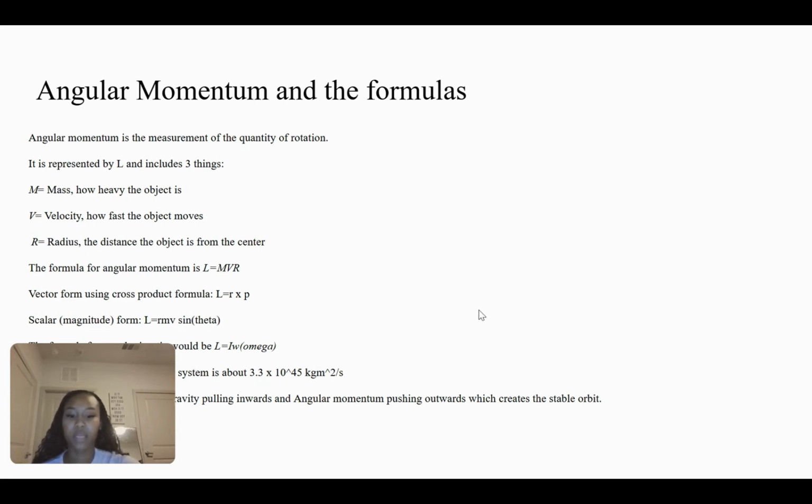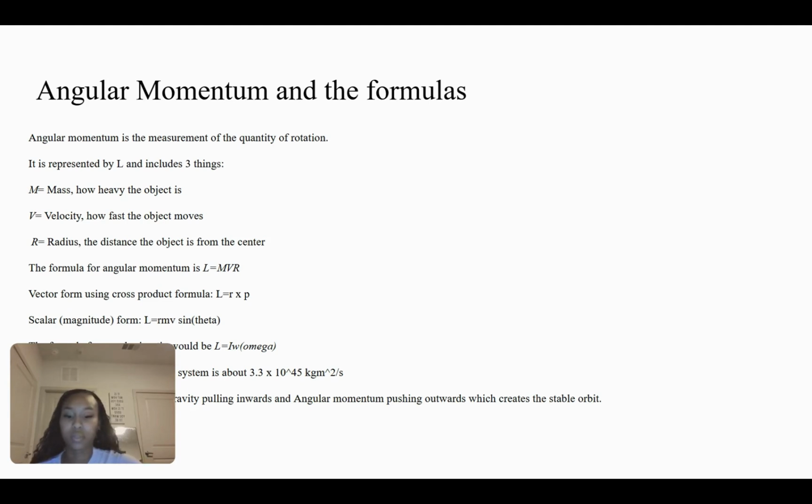And this basically means that more mass and faster speed means more angular momentum. So the more mass you have, the faster it gets, which makes more angular momentum. And angular momentum changes when the mass distribution changes.